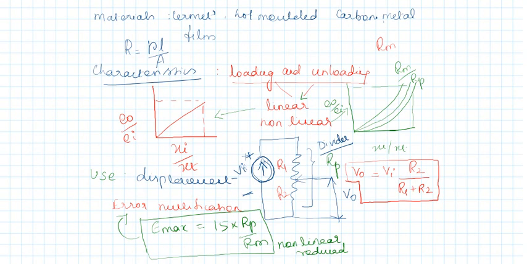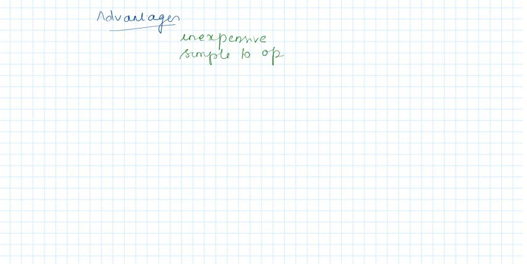Then we would like to know what are the advantages and the disadvantages of your potentiometer. From the advantages point of view, it is inexpensive, that means less cost. Then it is simple to operate, and the efficiency is very high.